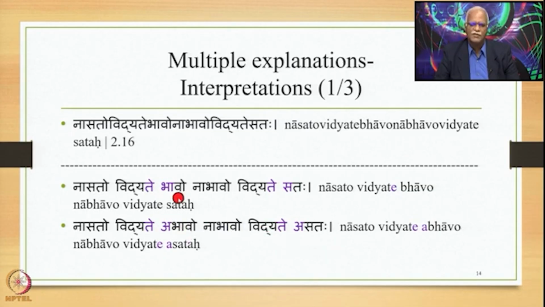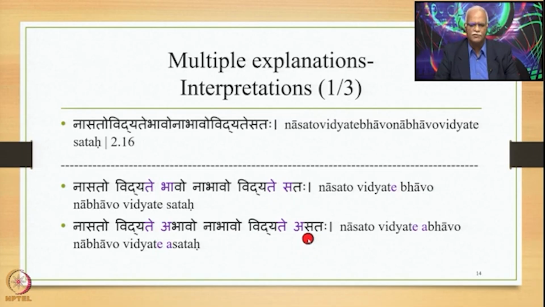So as far as the words are concerned, here vidyate is followed by the word bhavah, and here vidyate is followed by the word abhavah, which is extremely opposite. Similarly, here vidyate is followed by satah, and here vidyate is followed by asatah.